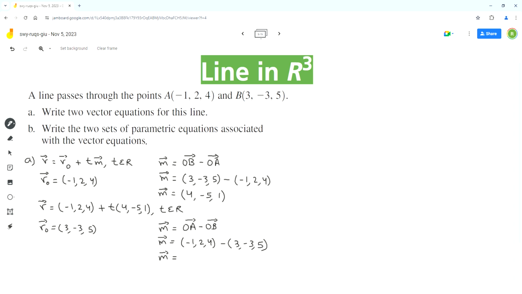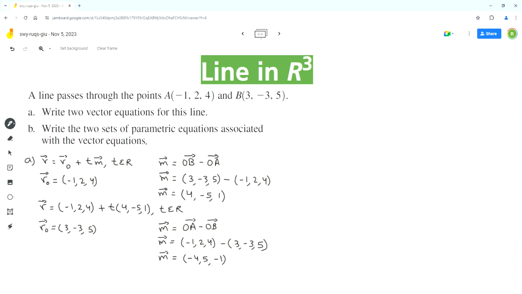Now we can subtract the vectors by subtracting their x, y, and z components. Negative 1 minus 3 is negative 4. 2 minus negative 3 is 5. 4 minus 5 is negative 1.